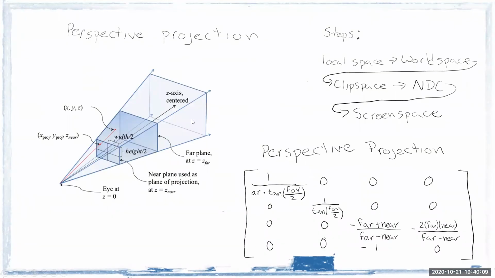So this is a good picture that kind of labels everything you really need to know, right? You've got a point XYZ, and we want to see where it maps to when it's projected onto this near plane. And this is at Z near, so the near plane Z distance.